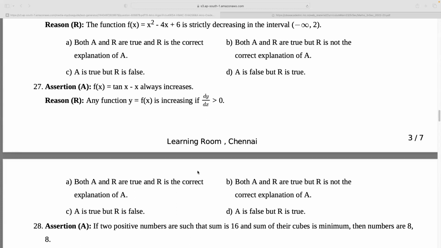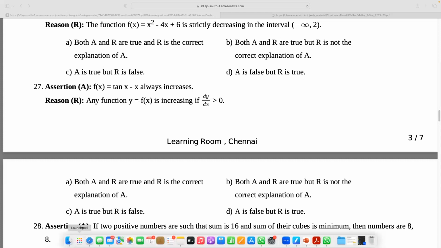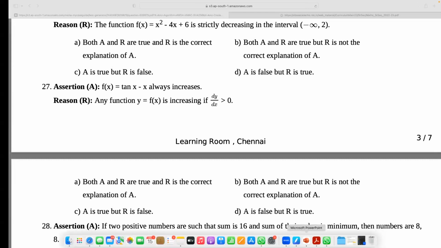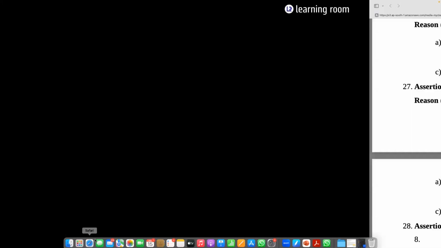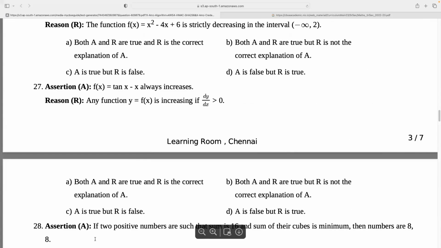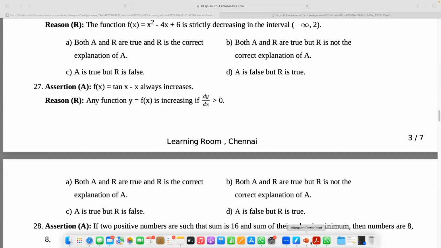It's true, sir. Both are true. No, sir, only the first one. The second one is not true. It is true, sir. Option A, sir. That's right.